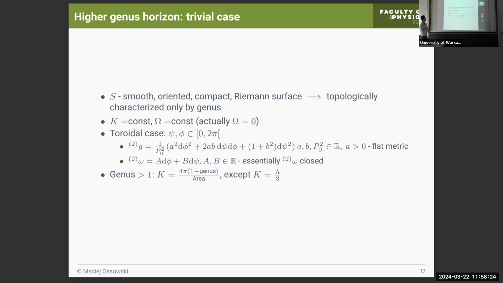What has been found is that if you solve the Petrov Type D equation, then both the Gaussian curvature and this rotation pseudoscalar are constant, and actually the omega is not only constant; it has to vanish. So the authors also provide us with a special toroidal case in which it's easy to exhibit coordinates. Because kappa is constant, this has to be just a flat torus metric.